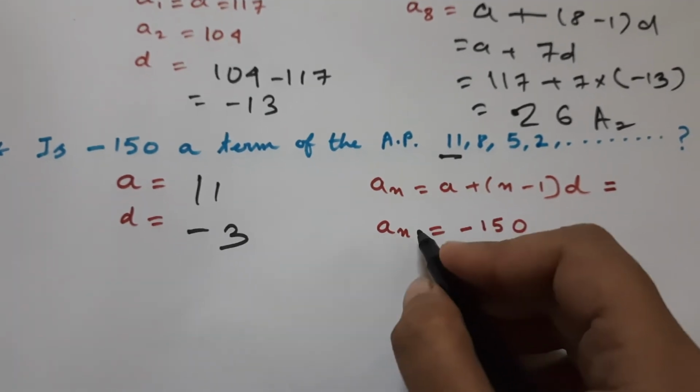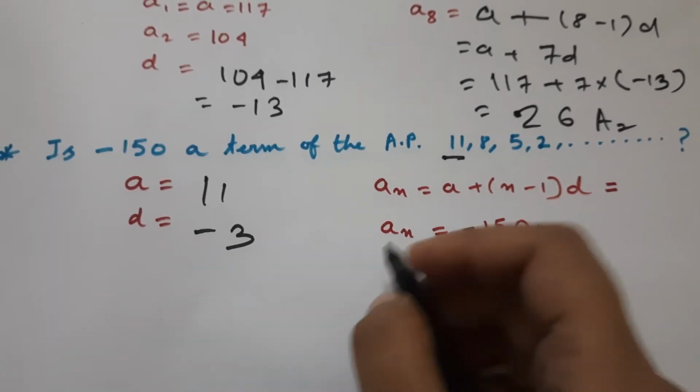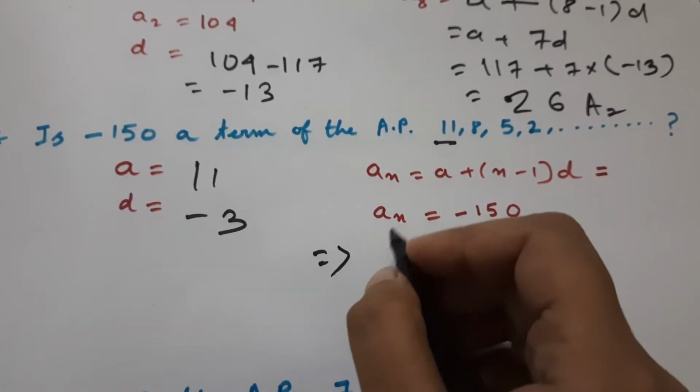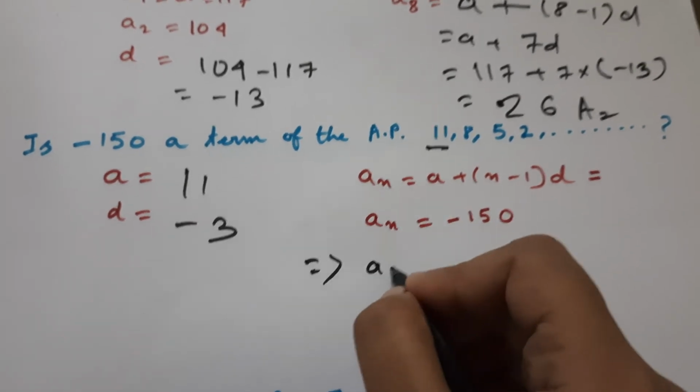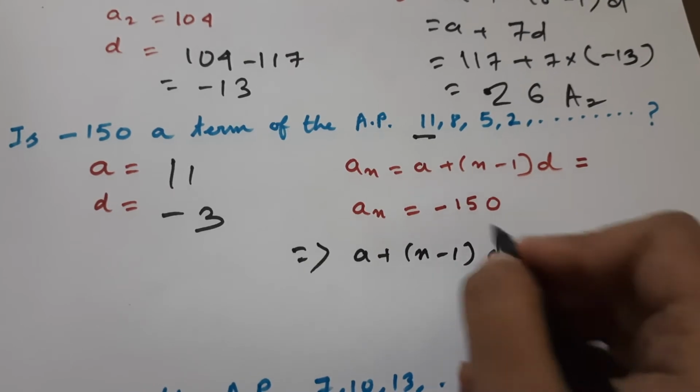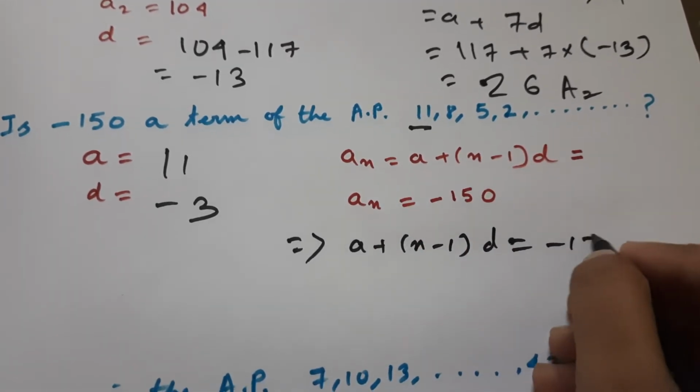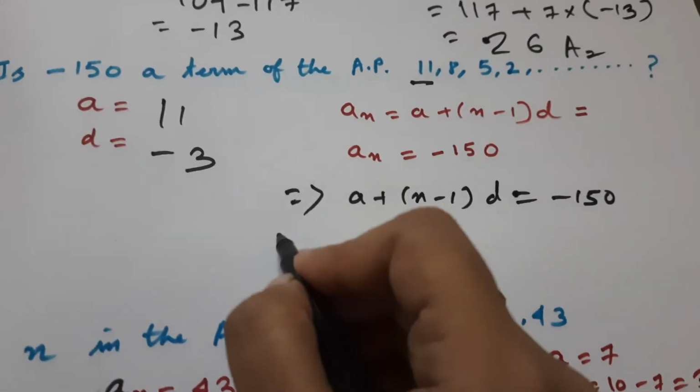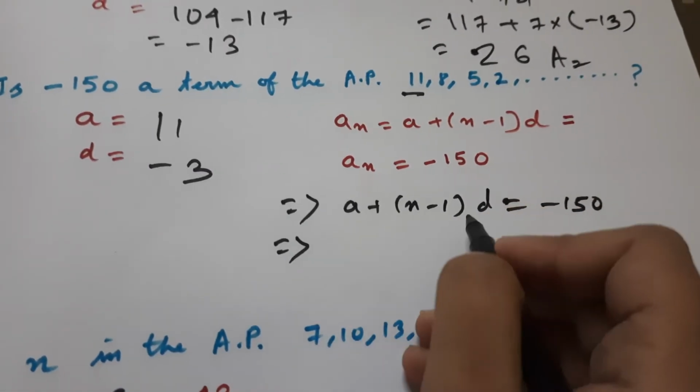So we write An equal to minus 150, and the formula An equals A plus (n minus 1) into D, which equals minus 150. Now we put the values of A and D.